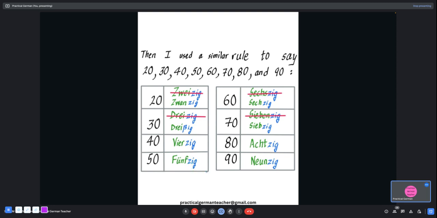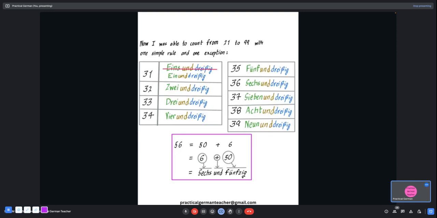Any questions? No questions. Now you can actually count anything between 1 to 99. Let's see if we can do that. Let's ignore 31, 41. Just look at 32, right? So how do you say 32? Let's look at this rule. 56: you have 50 and 6.